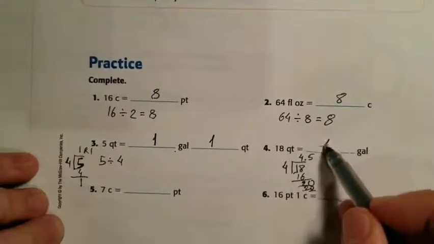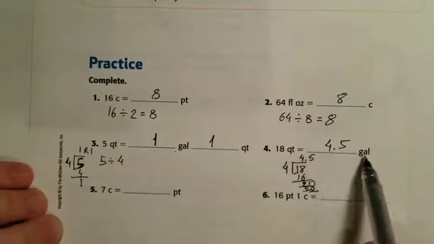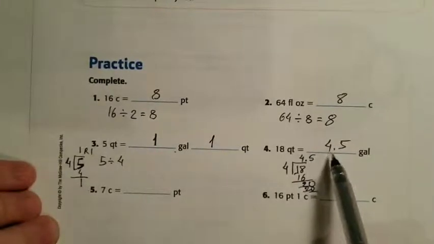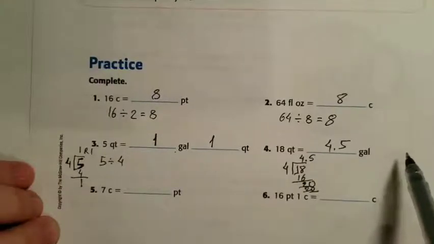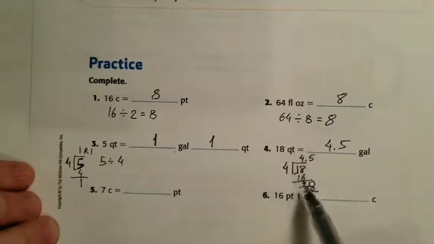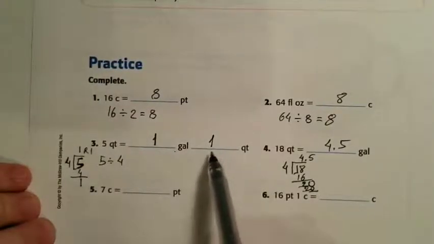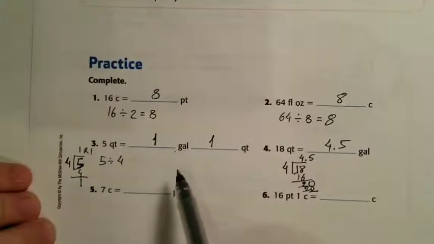So the answer is 4.5. 18 quarts is 4.5 gallons. So when there's no given space for extra units, you have to do the division all the way to the end. But if they do give you space here, use your remainder to put in here.